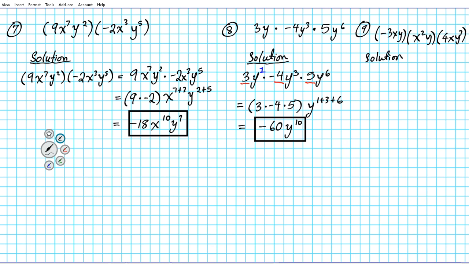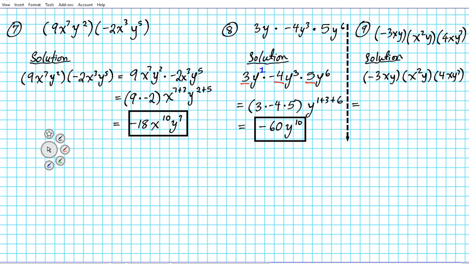Now, this problem that we're working on is exactly the same thing as question number 8. We are multiplying three monomial terms. So what does that mean? Well, as we've done in previous problems presented in this format, we're simply going to drop the parentheses. Let me put up a line here so we don't get this confused.